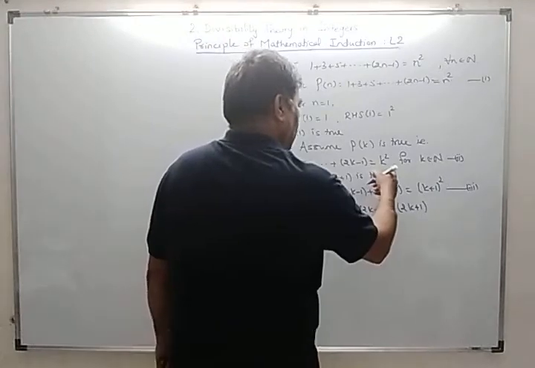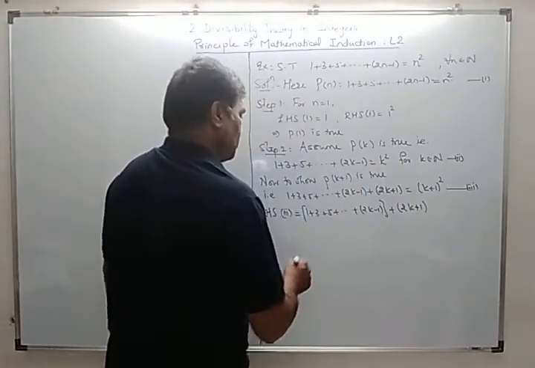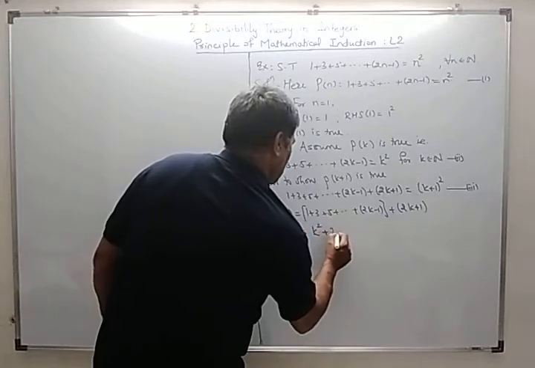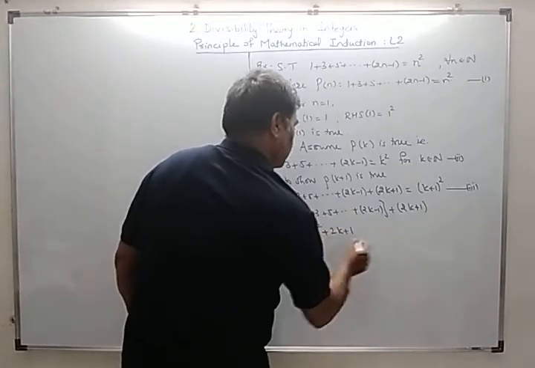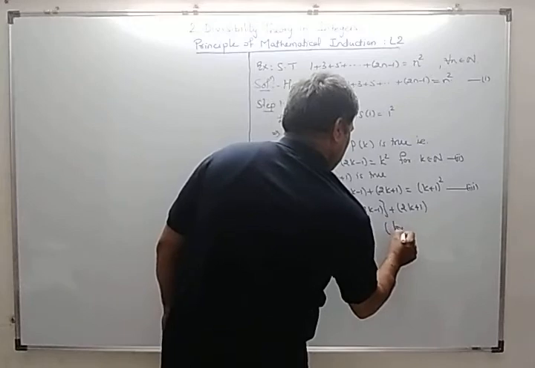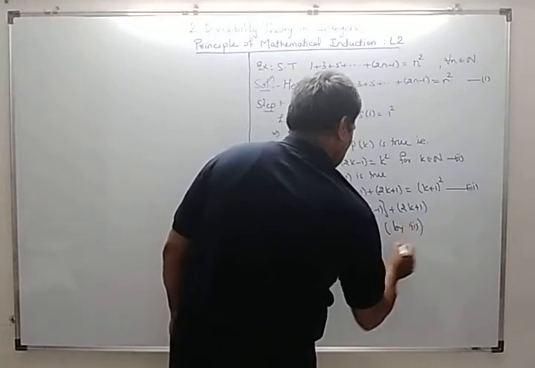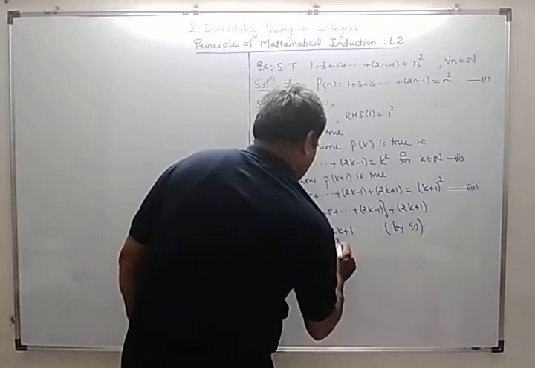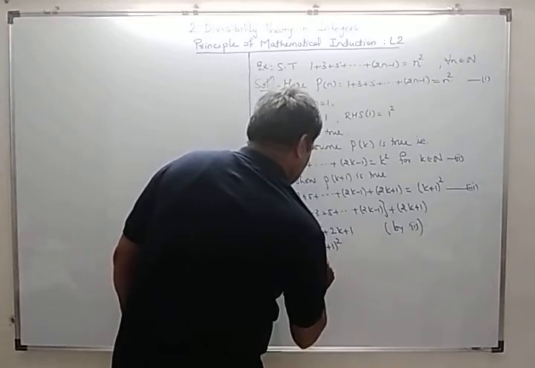By assumption 2, this is nothing but k square plus 2k plus 1. And then this is precisely k plus 1 bracket square, which is equal to RHS of 3.